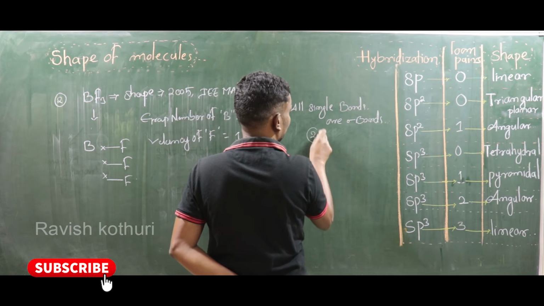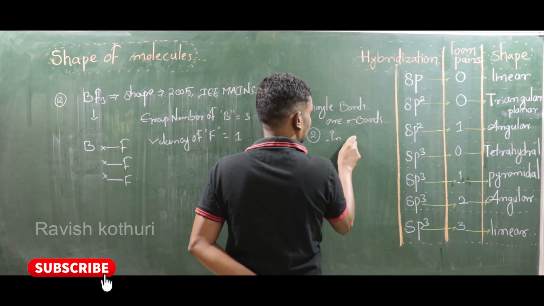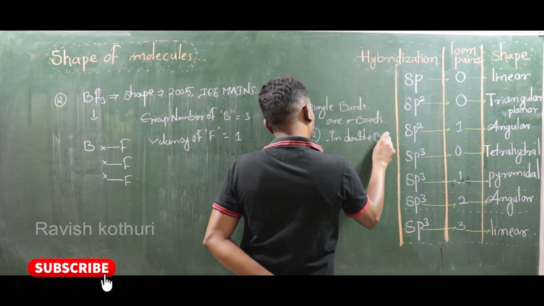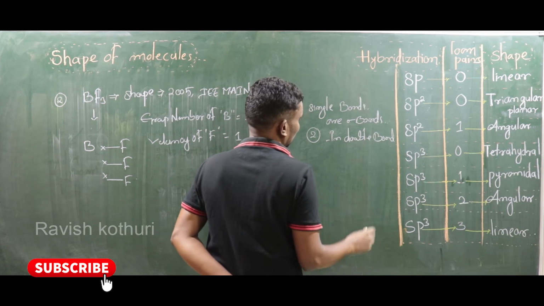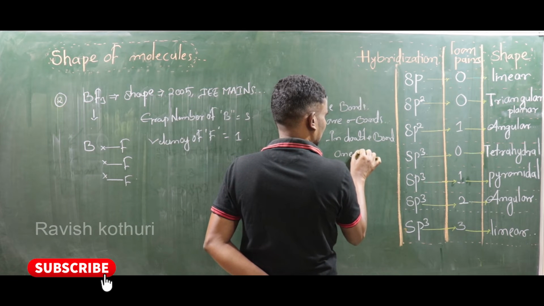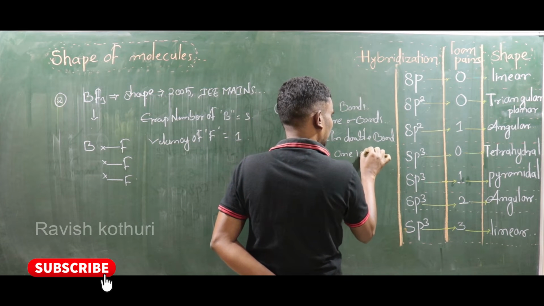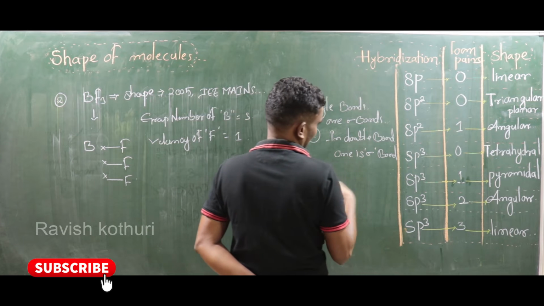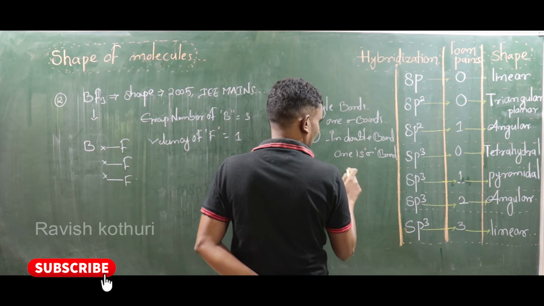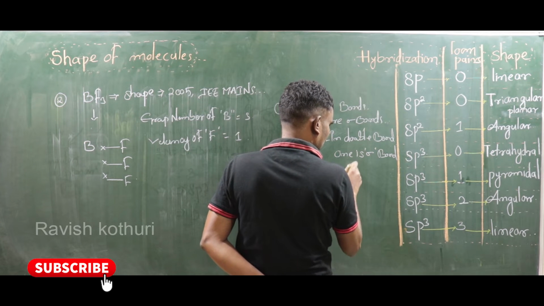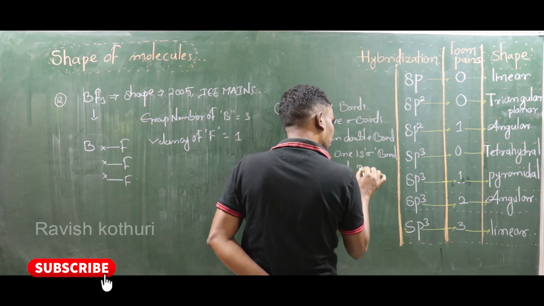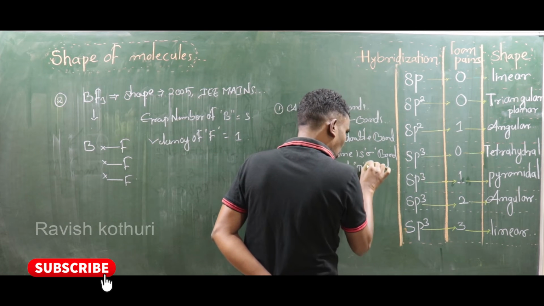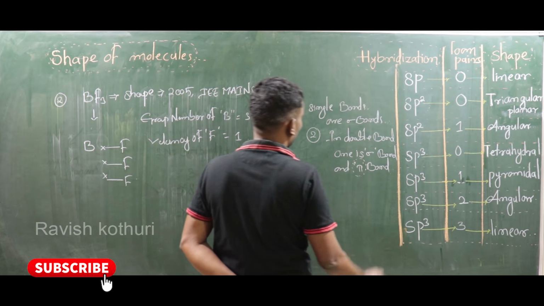Next, point number 2. In a double bond, one is a sigma bond and another one is a pi bond. A pi bond could not participate in hybridization. Remember that.